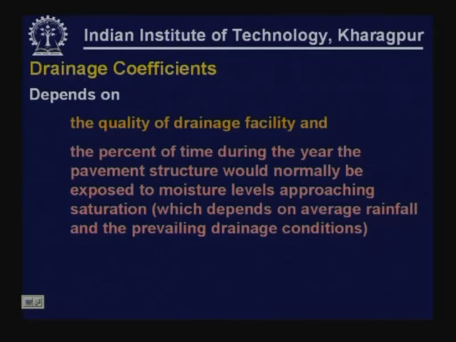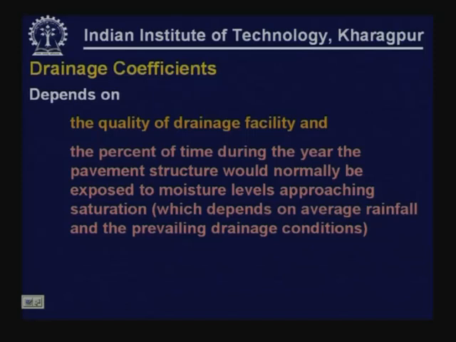The drainage coefficients depend on the quality of drainage facility and also the percentage of time during the year the pavement structure would normally be exposed to moisture levels approaching saturation, which depends on average rainfall and prevailing drainage conditions.